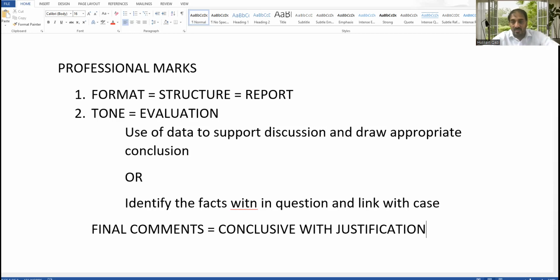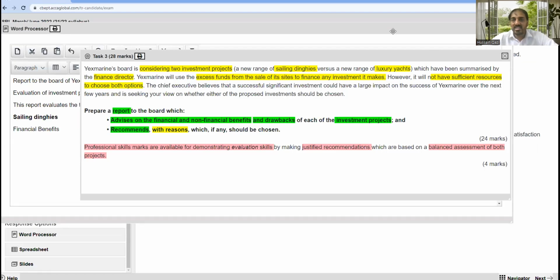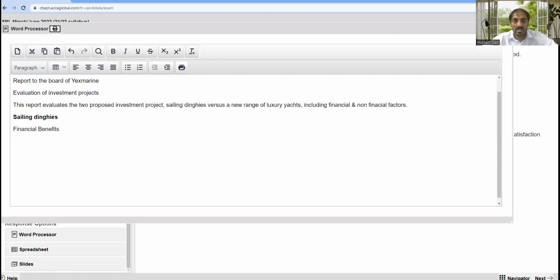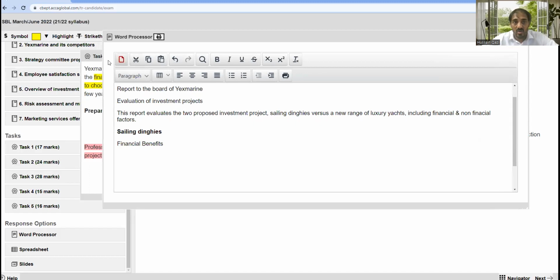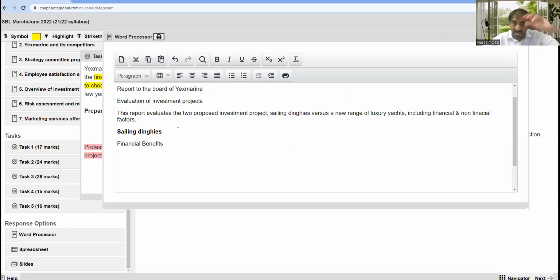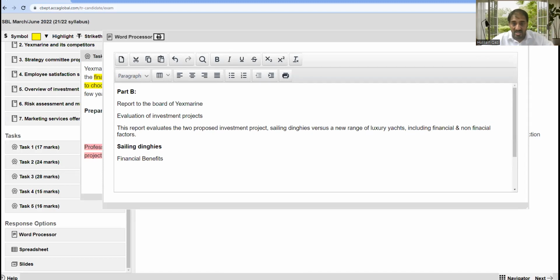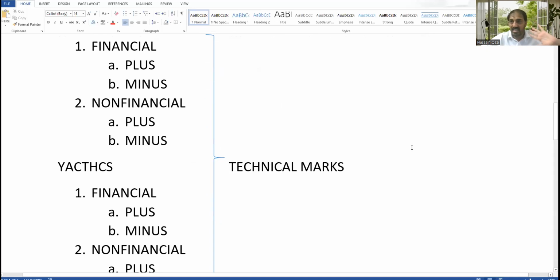But what is the right meaning of conclusive with justification, I will let you know when I write the conclusion. Now come on. Sir, how do we make statements for these questions? Do let us know how we will write. Whenever you are sitting in the examination hall, the initial plan you have made, that's the initial plan.